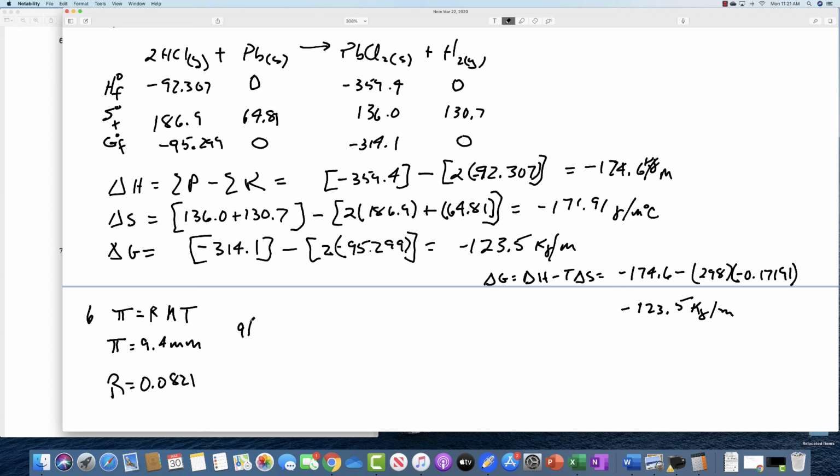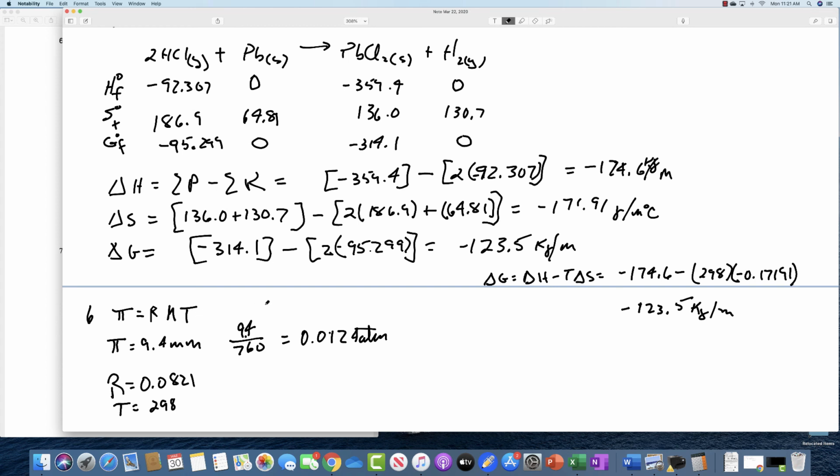In order to do that, you take 9.4 divided by 760 millimeters in an atmosphere, and that gives you a number, 0.0124 atmospheres. Now, we also know the temperature is 298 degrees Kelvin.